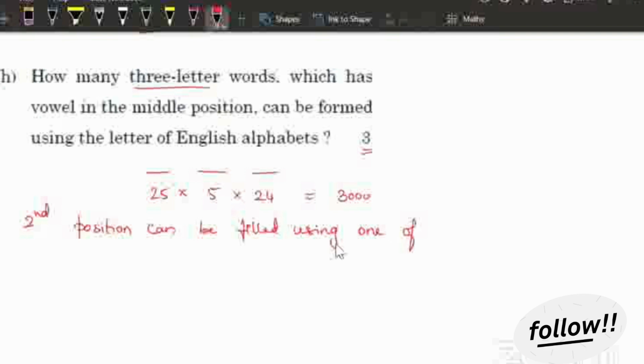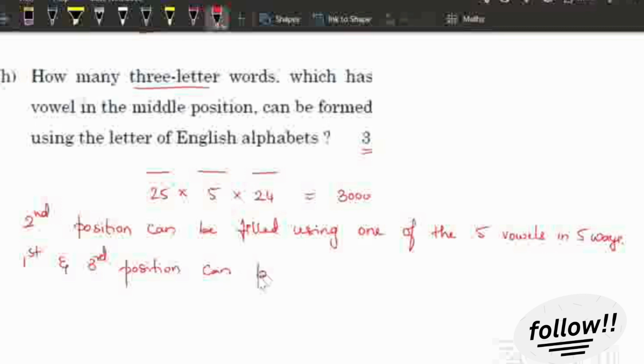Second position can be filled using one of the 5 vowels in 5 ways. First and third position can be filled in 25 into 24 ways.